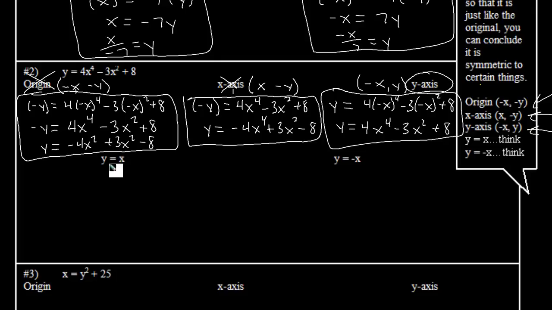The line y equals x. Reading this, just using logic, y equals x. Reading it right to left, x equals y. So y goes in for x, x goes in for y. When you substitute, use parentheses.